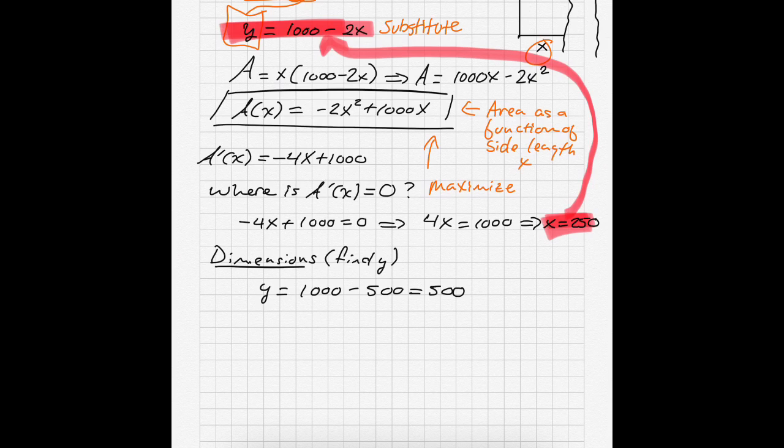So if I have 2 of the 250 foot sides, that's 500 feet, and another 500 feet, I have my total of 1,000 feet. So then my dimensions, I just need to write those out. They would be 250 by 500 feet.